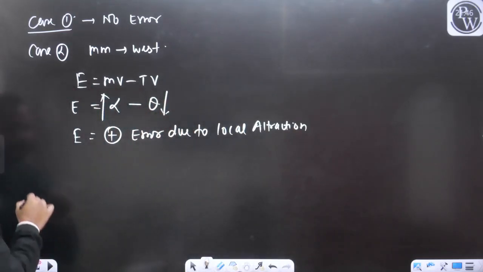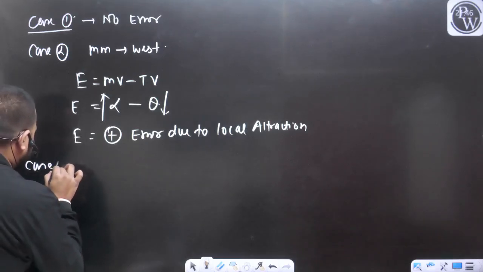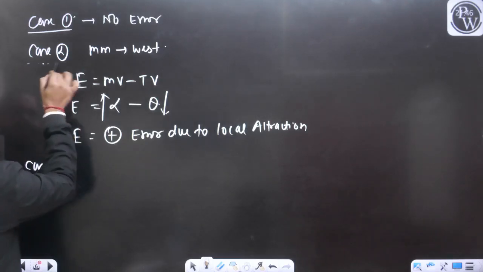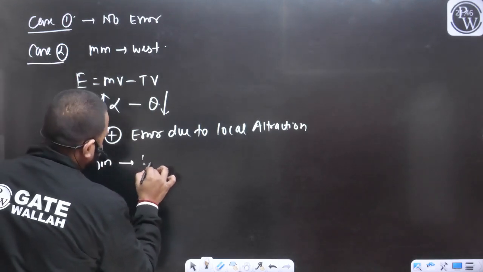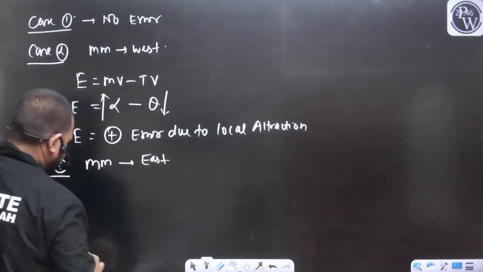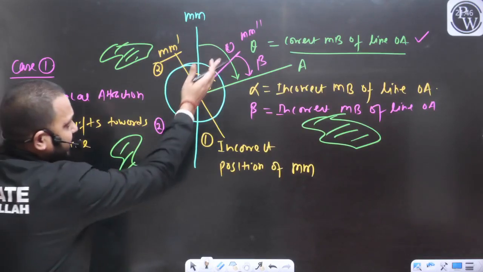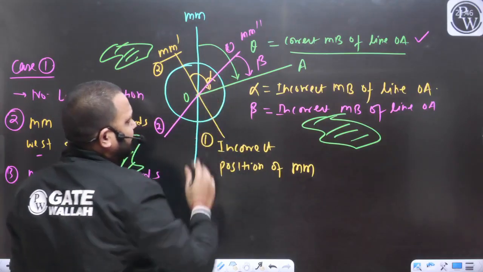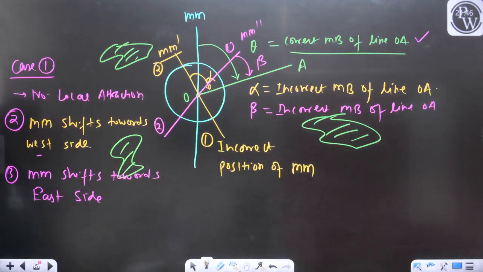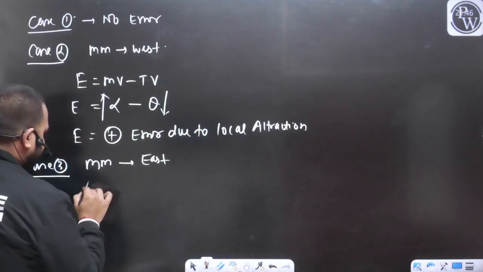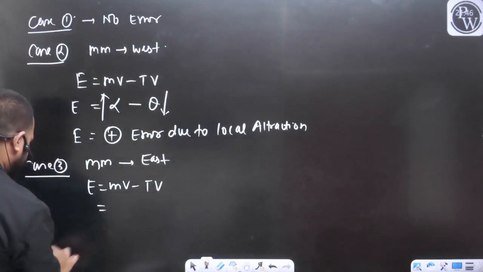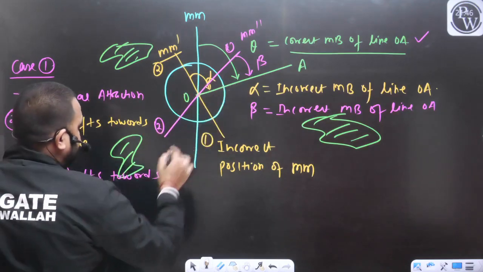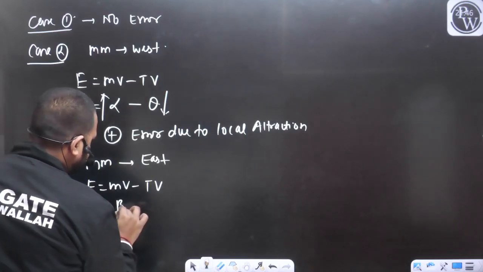Similarly, if I talk about case 3, when the magnetic meridian shifted towards the east, consider this pink line. Now I can write: for this case, error will be equal to measured value minus true value, and our measured value is going to be beta and the true value is going to be theta.